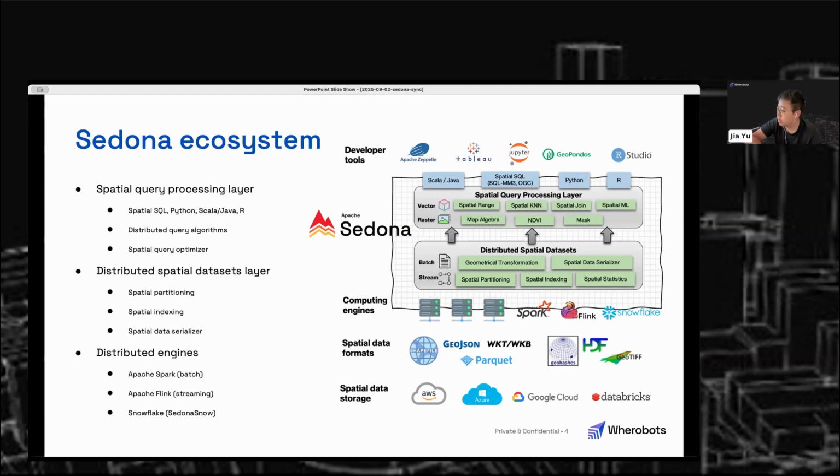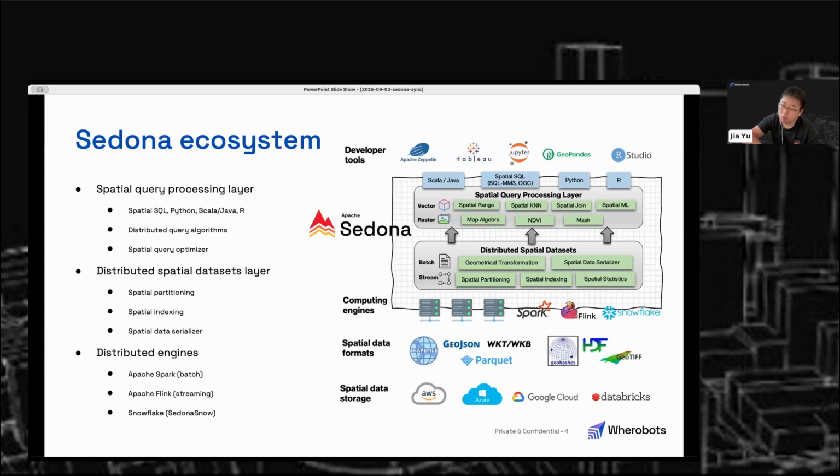The query processing layer, which is on top, supports many different programming languages, such as Spatial SQL, Python, Scala, Java, and R. As a user, you can always interact with Sedona with one of these languages. This layer also integrates with a number of developer tools, including Jupyter Notebook, GeoPandas, RStudio, Tableau, and Apache Zeppelin.